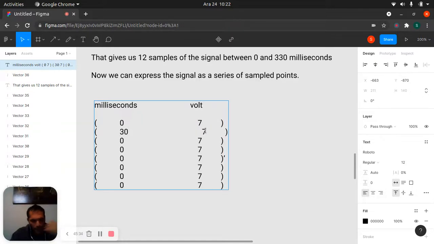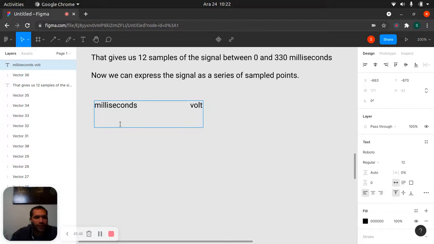Or maybe we can do it in a really simple way, because it will take lots of time. I just want to make it clear, but we can do this very easily. Let's do milliseconds, something like that.